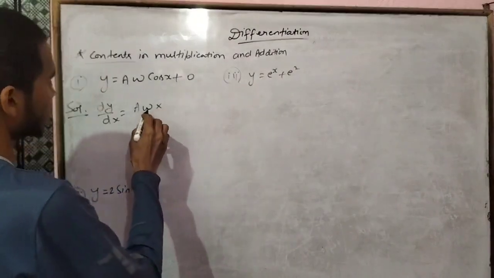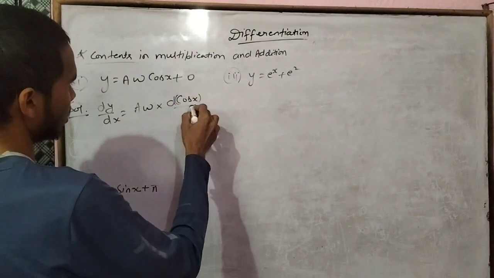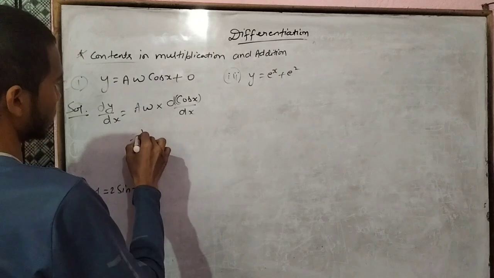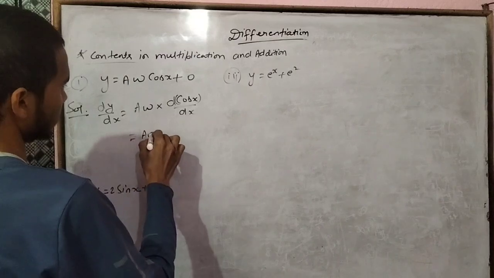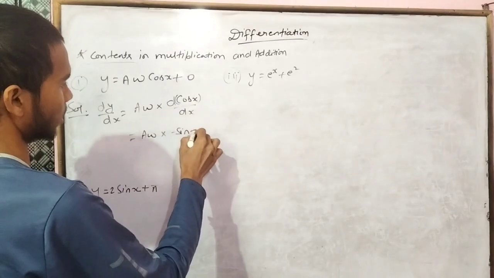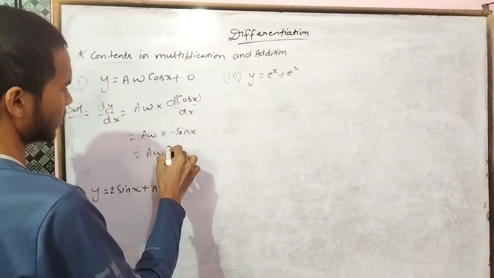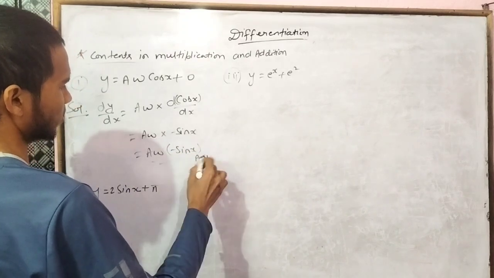So differentiation of cos x would be minus sin x. Minus sin x. Okay. It was very simple.